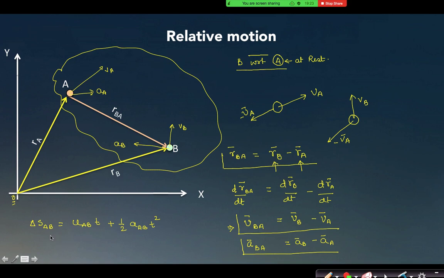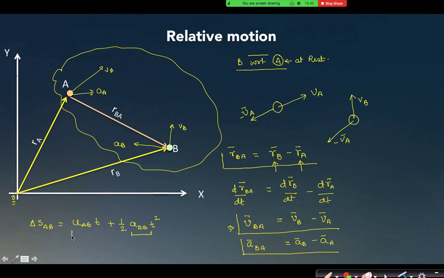Can I write this equation? Can you tell me, before writing this equation, what is the condition? The acceleration of A with respect to B must be constant. Yes, the acceleration of A with respect to B is constant.